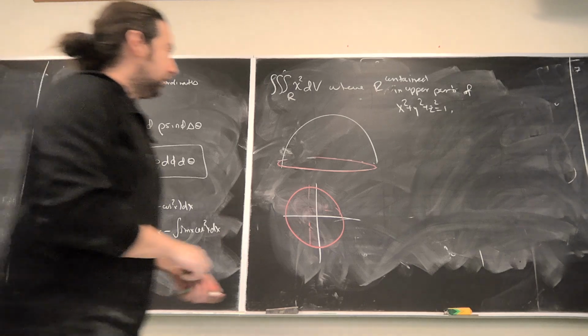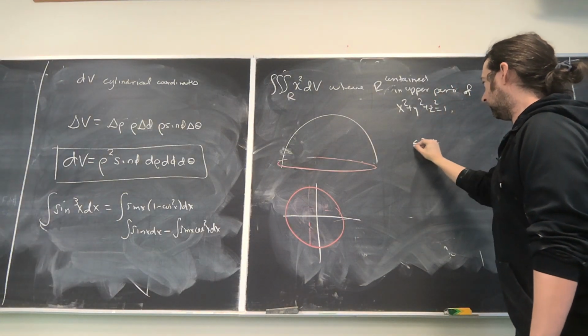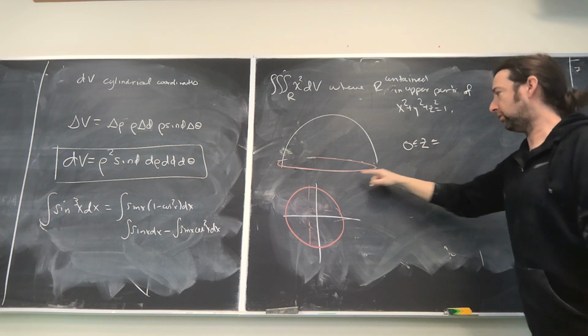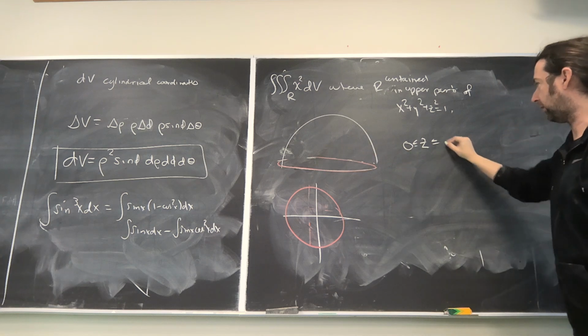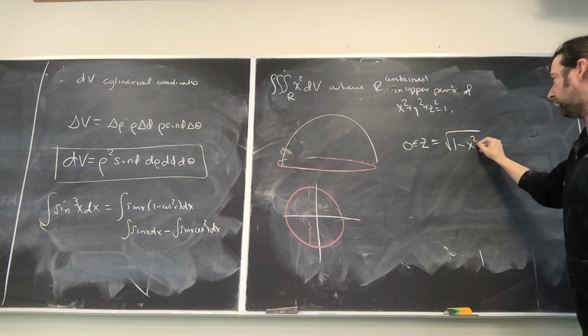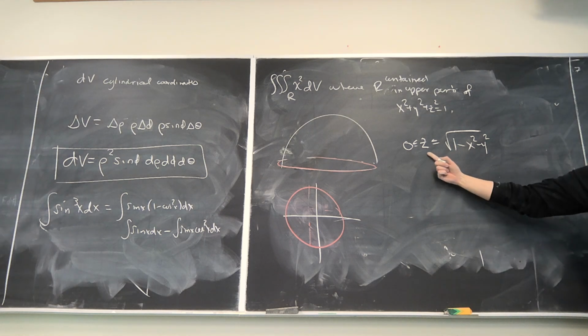I can do that. The z values run between 0, the lower part of the hemisphere, and you travel up until you leave the hemisphere. Well, that will happen at the square root of 1 minus x squared minus y squared. For a given x and y, I can tell you exactly what z's to take on.